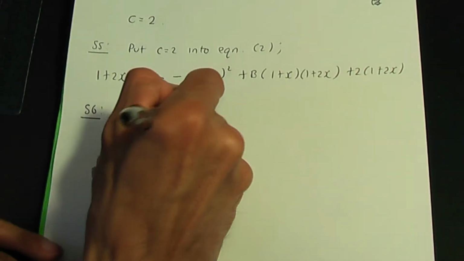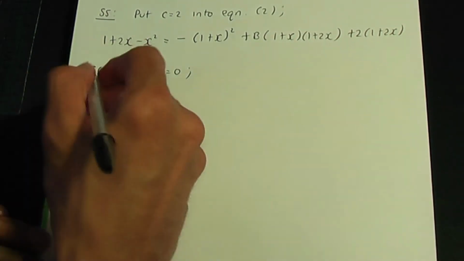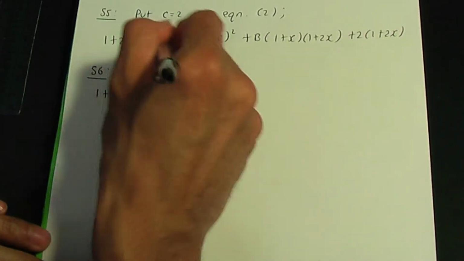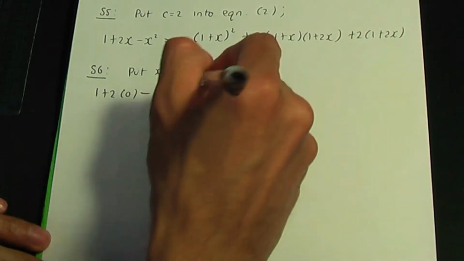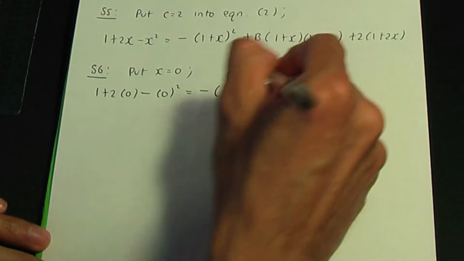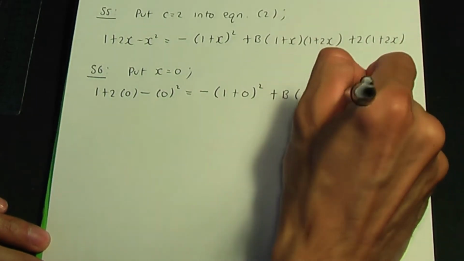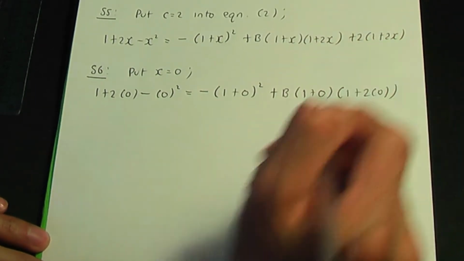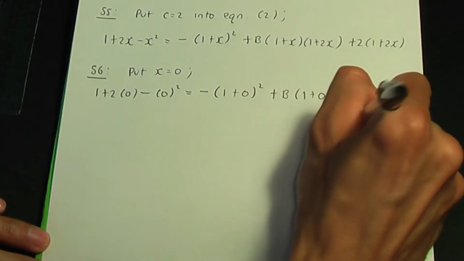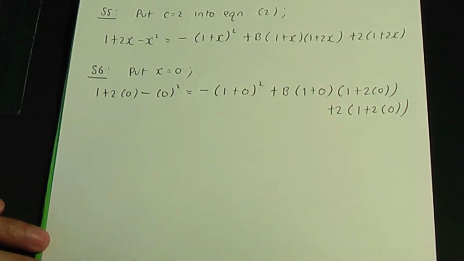So I'm going to take x as 0. If I put x as 0, we're going to have 1 plus 2 into 0 minus 0 squared, equal to minus 1 into 1 plus 0 squared, plus b into 1 plus 0 into 1 plus 2 into 0, plus 2 into 1 plus 2 into 0.